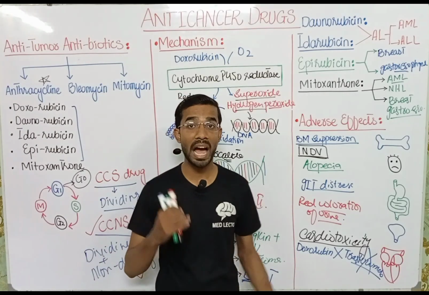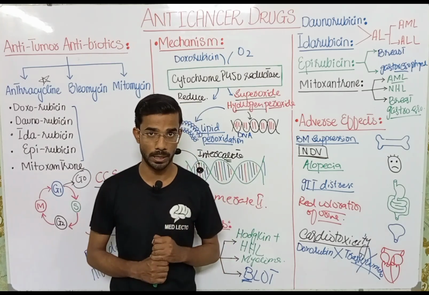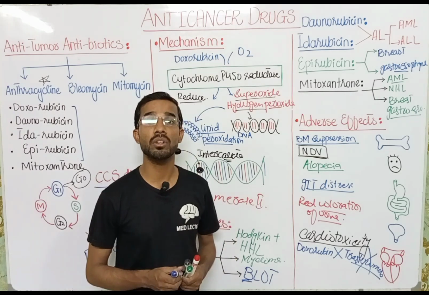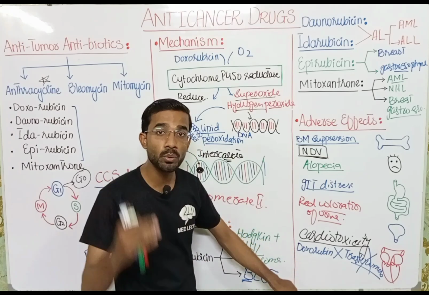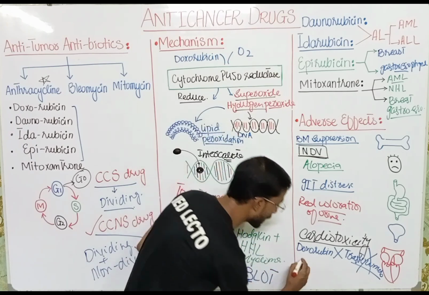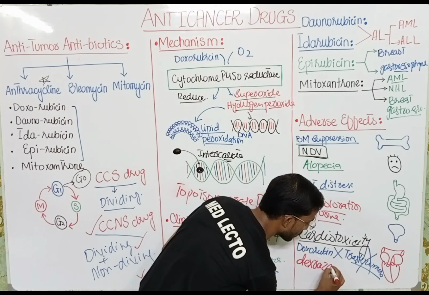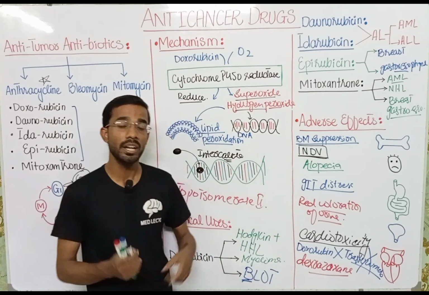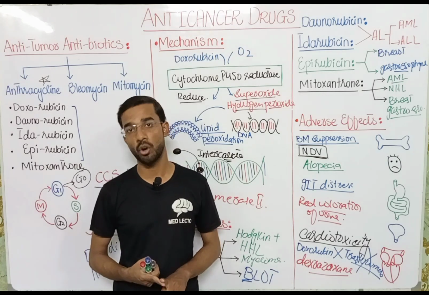So we have two options to reduce the cardiotoxicity due to doxorubicin. First one, we can take dexrazoxane, which actually inhibits or reduces the cardiotoxicity caused by doxorubicin.